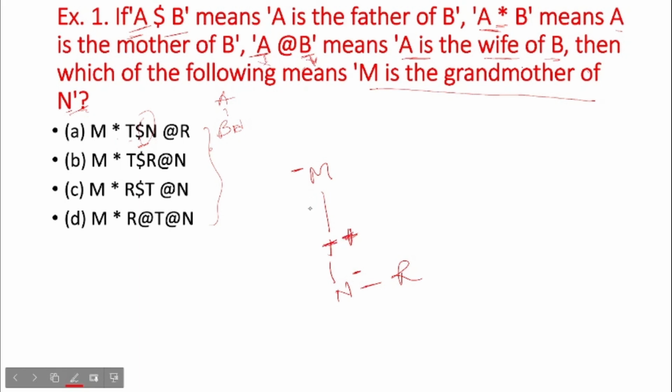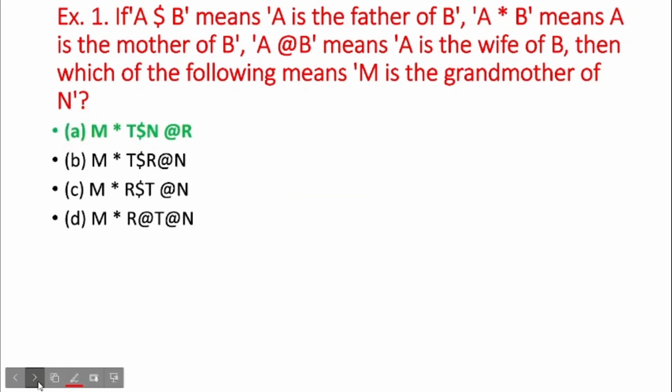T is male, so N is a daughter of T, and T's mother is M. So here M is grandmother of N. So this is the answer. N is granddaughter of M, and M is grandmother of N.